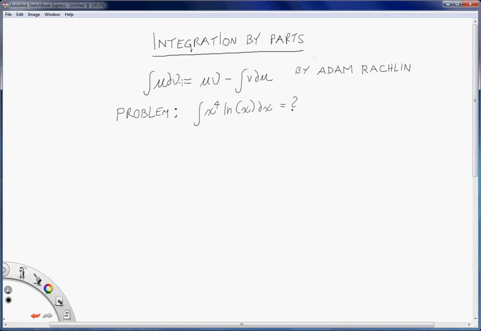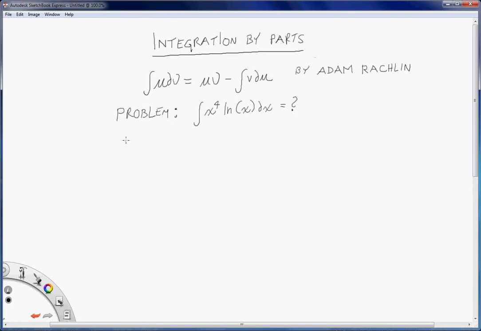You usually use it when you have an integration of a function which is both a polynomial times a transcendental function. For example, in the problem that we're going to do today, you want to know the indefinite integral of x to the fourth, that's your polynomial, times the natural log of x. And the natural log is a transcendental function.